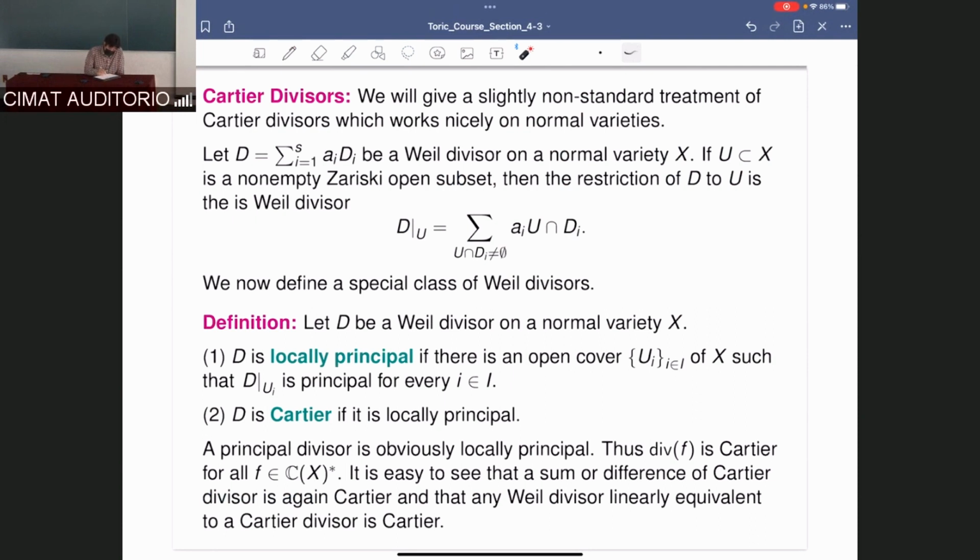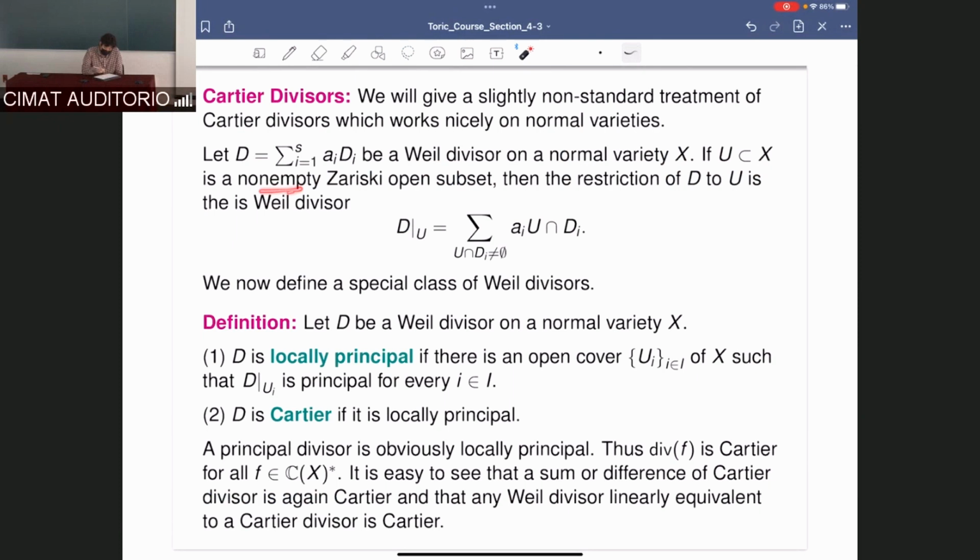We are going to restrict this treatment to normal varieties. One can still define these when the variety is not normal, but then one would need a little bit more work. In normal varieties, the Cartier divisors inject into Weil, so I can just give this presentation over here. So if you have a Weil divisor on a normal variety, what is the restriction of the divisor to a nonempty open set U?